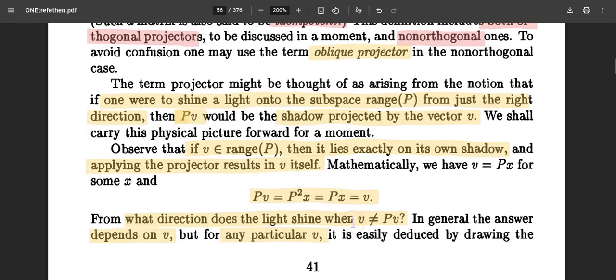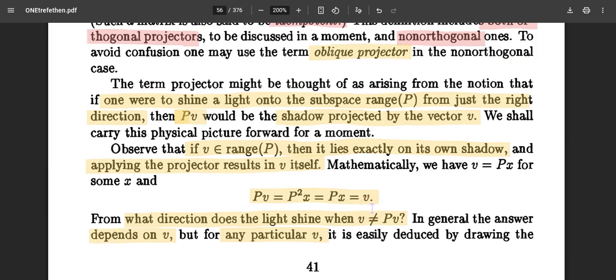Mathematically, if we project v using the projector P, then v can be expanded as Px, with coefficients of expansion x. Then since P squared equals P, operating on it gives Pv equal to v. That means it is projected onto itself.